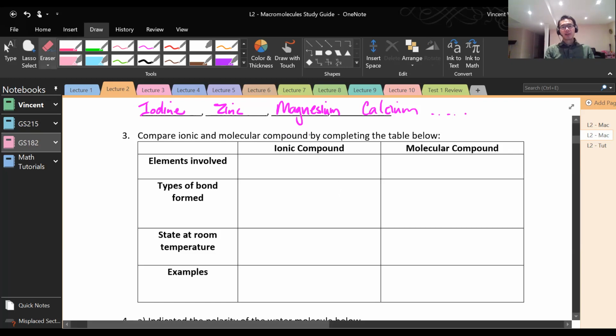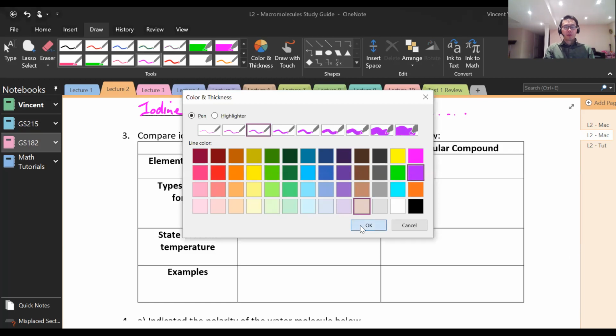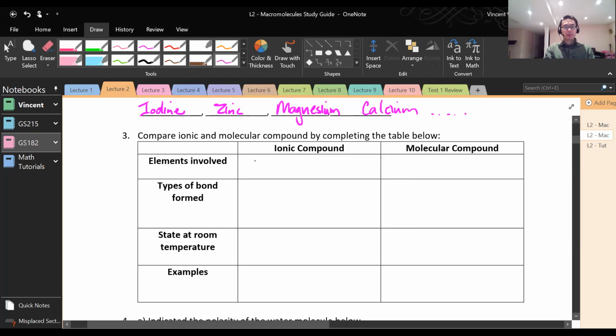The difference between ionic compound and molecular compound, first of all, is the type of element involved. For ionic compound, it is going to be metal plus non-metal, usually one type of metal plus one type of non-metal.